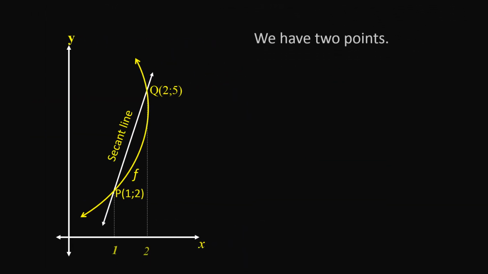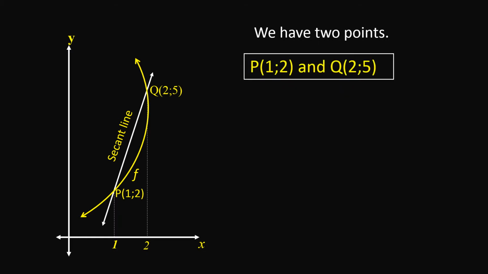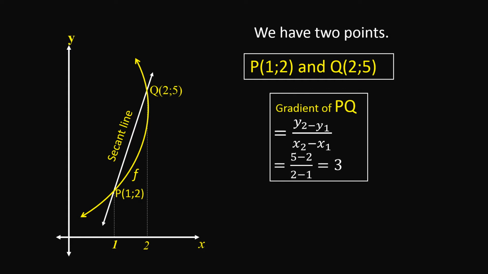Look at the graph. We have 2 points. P is (1, 2) and Q is (2, 5). And we know how to calculate the gradient of PQ using our gradient formula, y2 minus y1 over x2 minus x1.